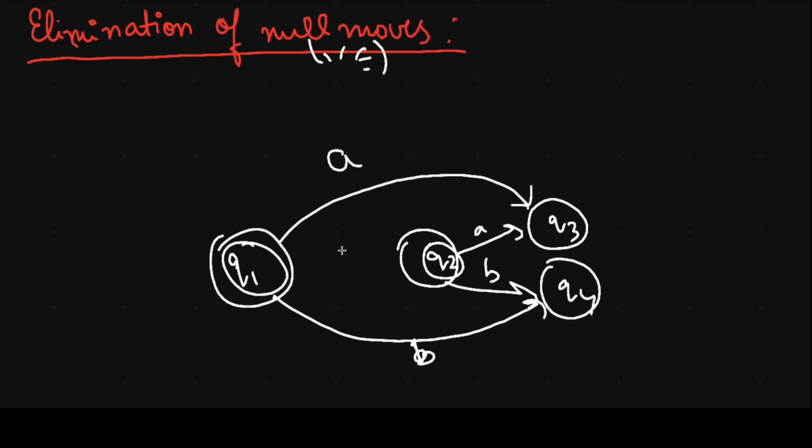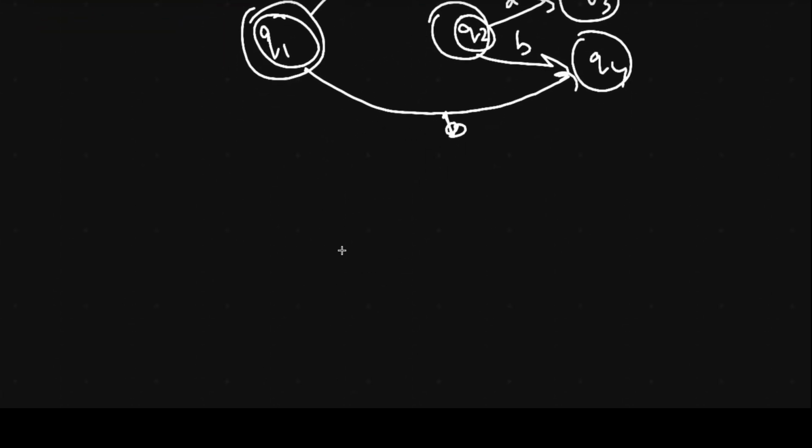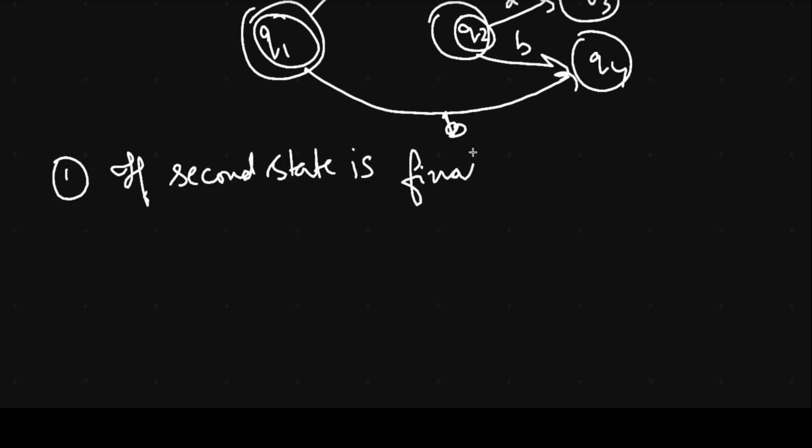Okay, so we have to keep in mind some points. If the second state is a final state, what is the second state? The second state is this one here. For example, Q1 is going to Q2 using a null move, so Q2 is our second state.